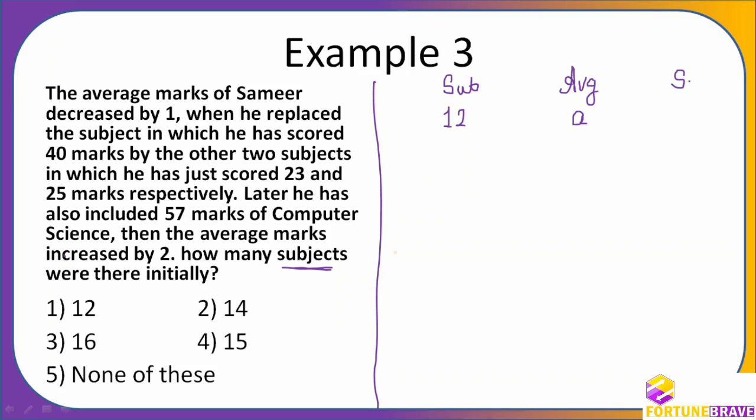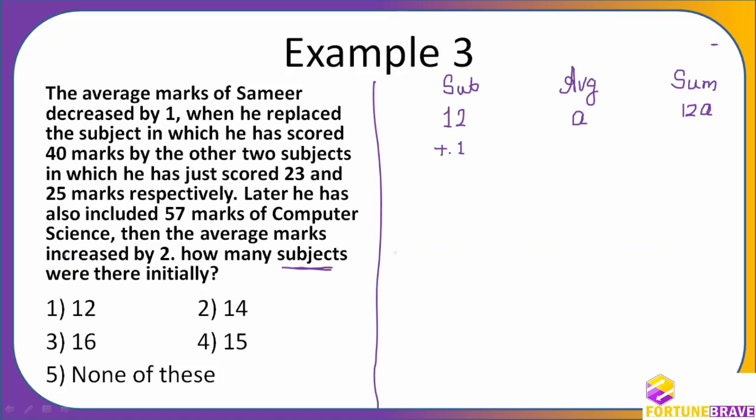So what will happen to the sum? The sum is not required, but for understanding's sake I am going to tell you so that whenever it is required you can use it properly. The sum is 12 into a, because sum is equal to number into average. Then what is happening?